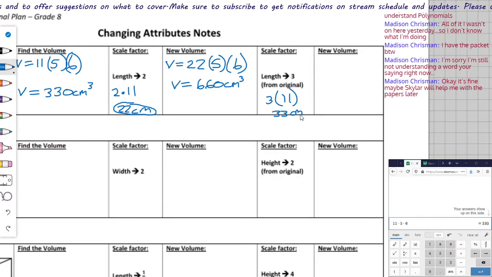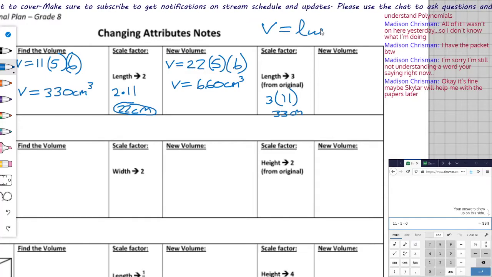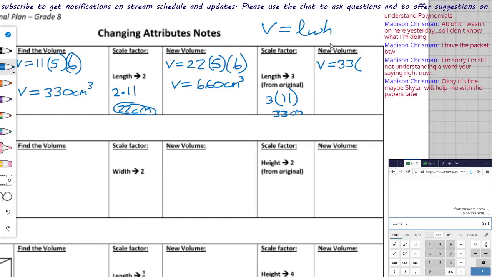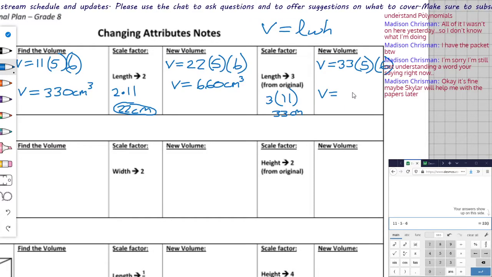So then what would be my volume if it was now 33 centimeters in length? Again, I'm going to write it over here too if we have to reference it later. Length times width times height. And our new length is 33, so we're going to do 33 times the width, which was 5, times the height, which was 6. So if I multiply those all together, then we see that our volume is going to be 990 centimeters cubed.